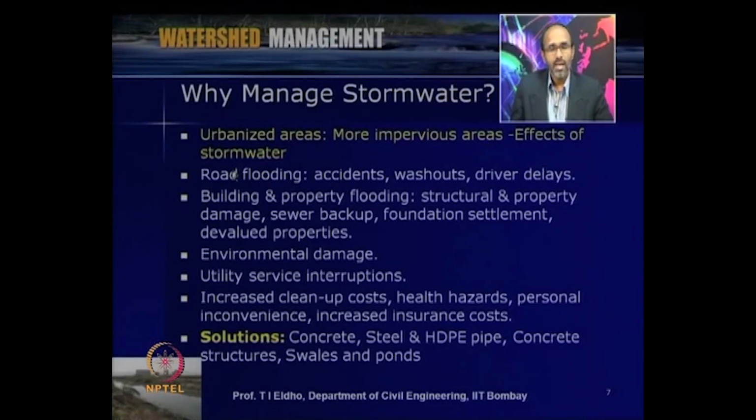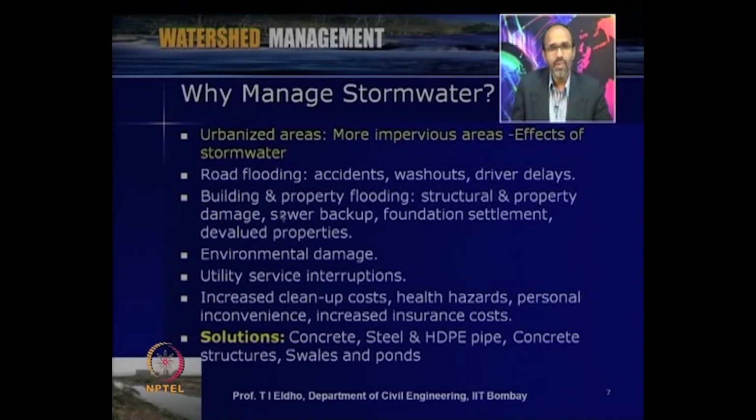So, some of the problems that can happen if you do not manage the stormwater appropriately are road flooding, and related accidents, washouts, driver delays, etc. And then other issues like building and property flooding, where some of the buildings may collapse, or property may be flooded, and then there will be structural and property damage.